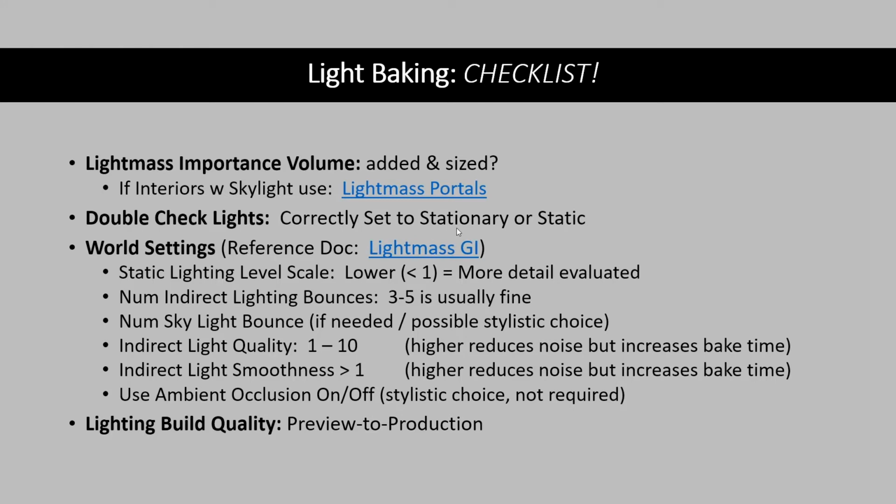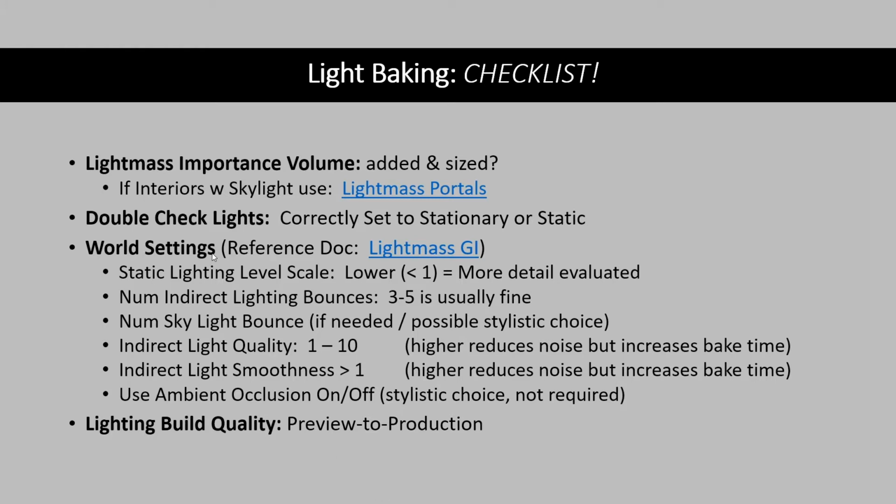If you have skylights that you want to have light coming through a window, it will generate additional light rays for that Lightmass Portal. And it's a common thing that I've seen in other 3D packages for efficiency. So also double check to make sure that the lights you have set, if you want them stationary or static, are set correctly. So double check all your lights.